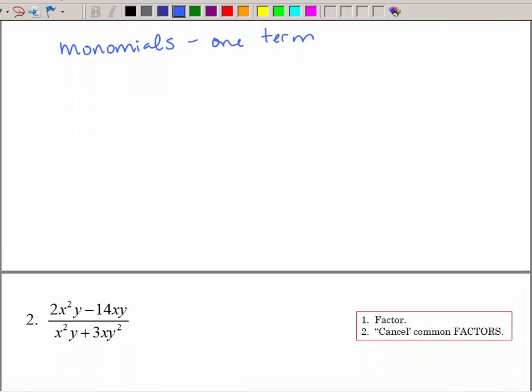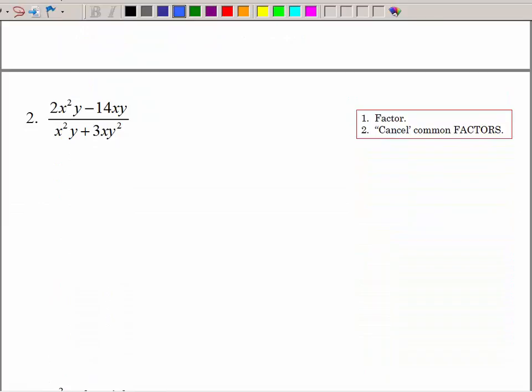So let's look at a more difficult example. Here we cannot just start reducing the x's and the y's because of that sign and that sign. All right, we have subtraction and addition. So that means we must factor. Well, let's review our factoring skills. What do you always look for first when you factor? GCF. So does this top have a greatest common factor?